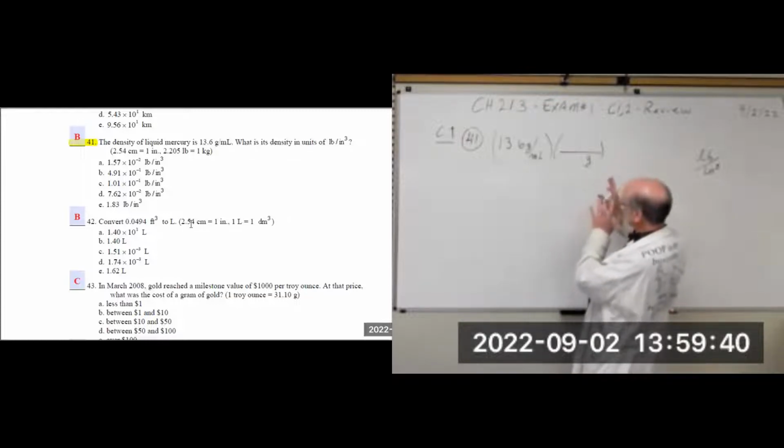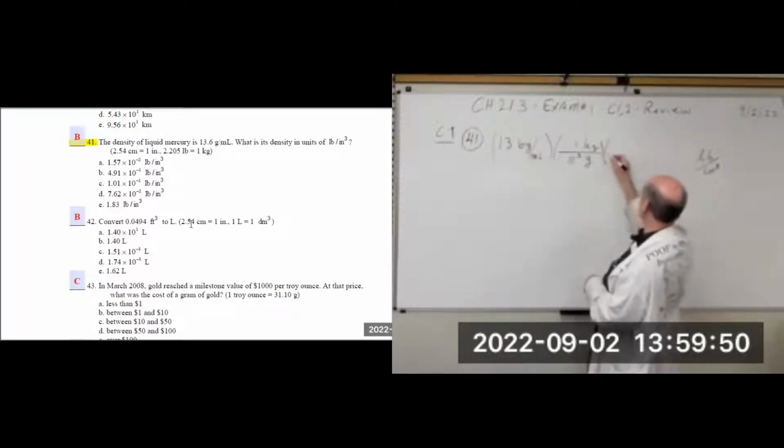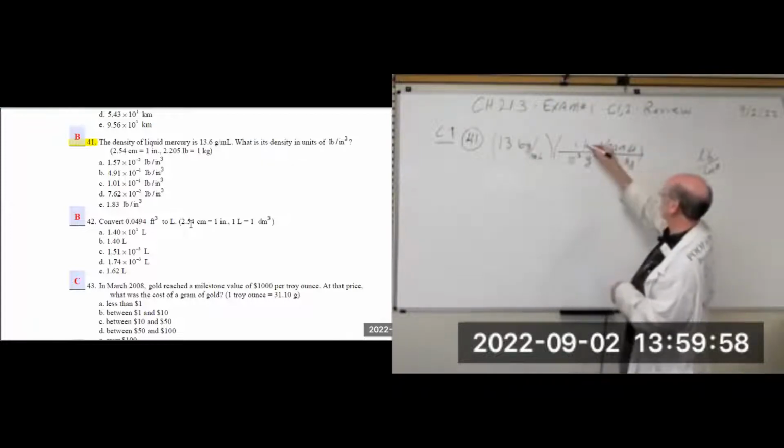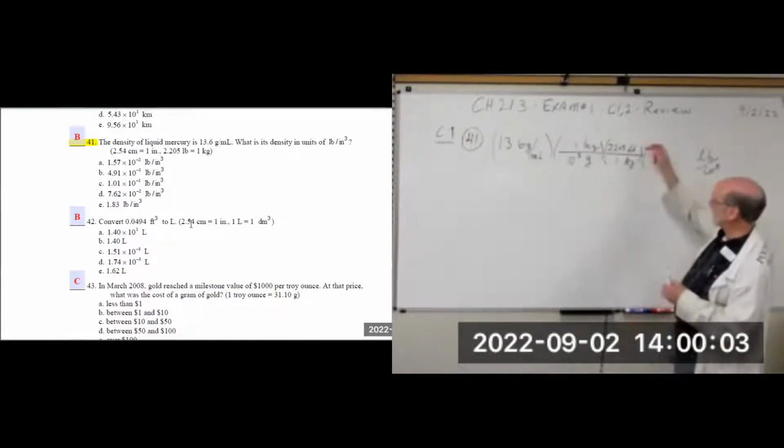So we're going to need this in kilograms first. So 10 to the 3rd grams per kilogram, right? Here we go. Now we can change kilograms to pounds, 2.205 pounds per kilogram. There we go. Okay, that unit's done. We got pounds.